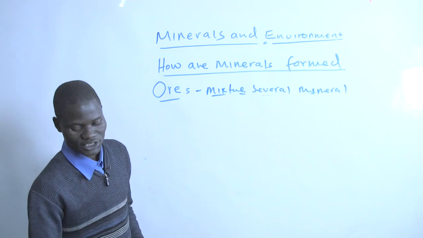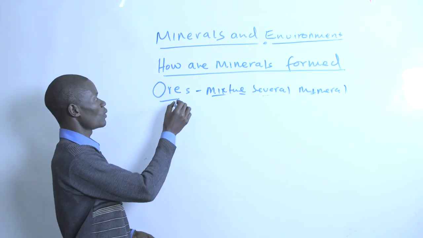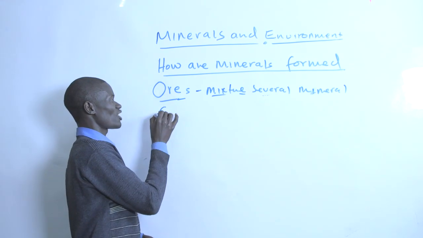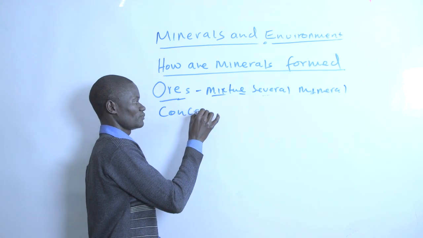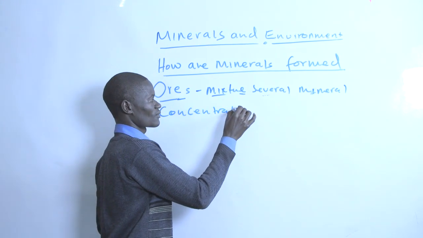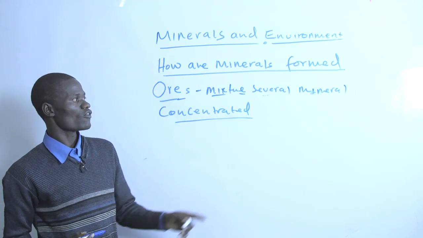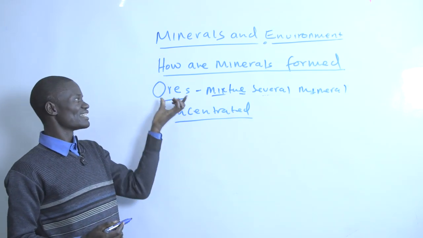And as they tend to occur in this ore, there are several mixtures of other minerals that are concentrated. We look at the concentration percentage of a given mineral in this ore.